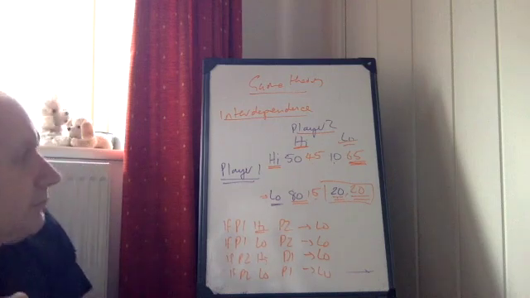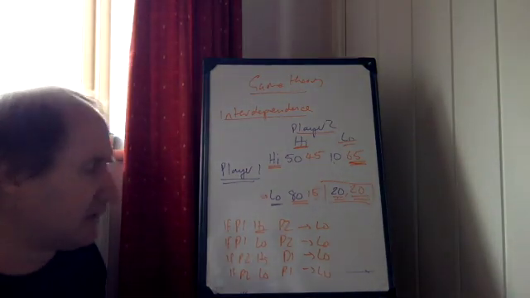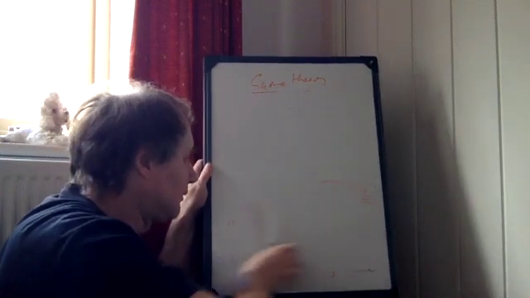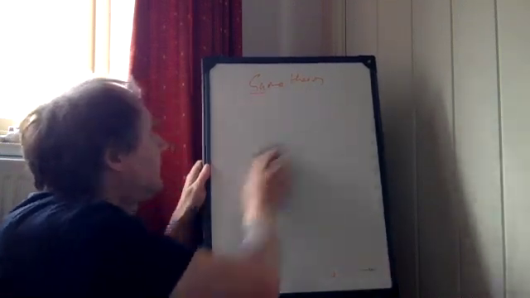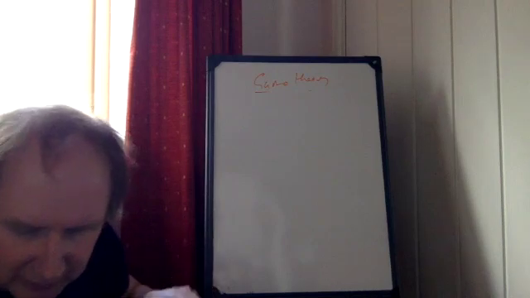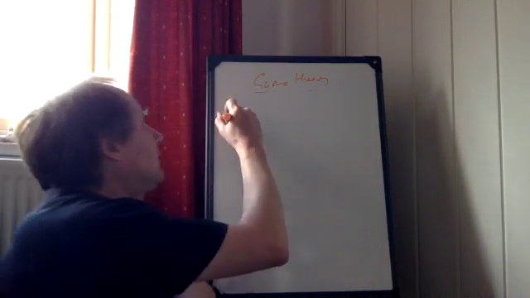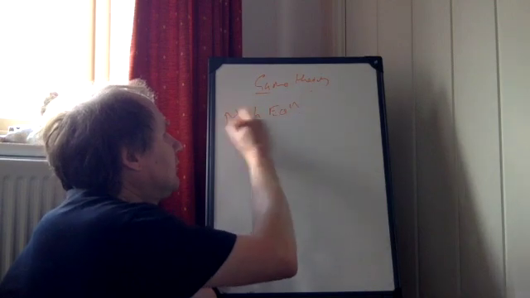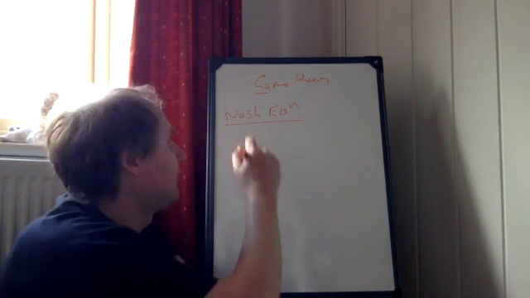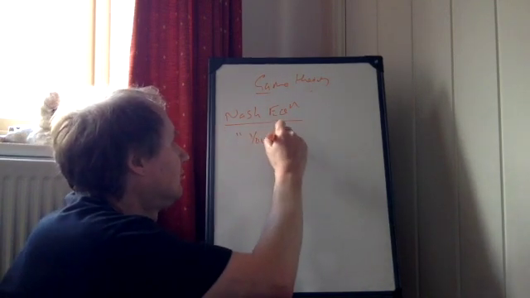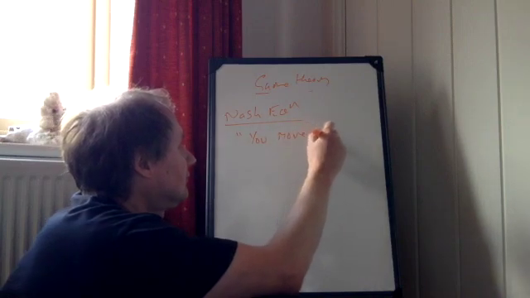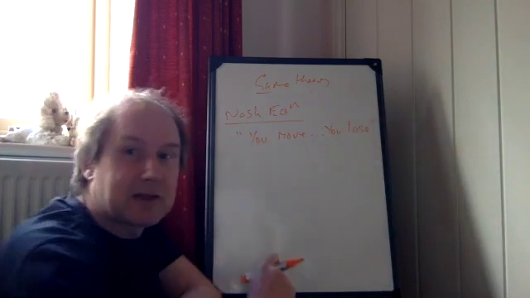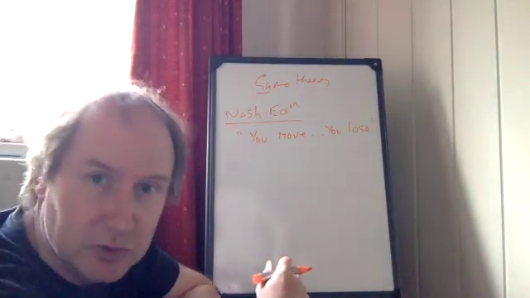So what is this Nash equilibrium? That's the other thing that you need to understand about game theory. A Nash equilibrium, in simple terms, the way I've done it in an informal way, is: you move, you lose. And that's probably the best way of thinking about it. If you change your strategy, you lose.